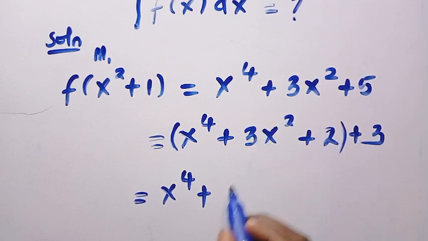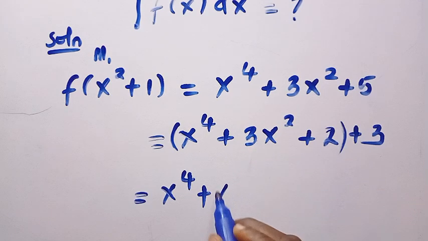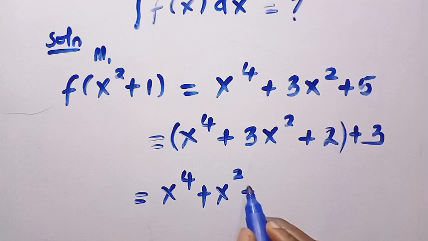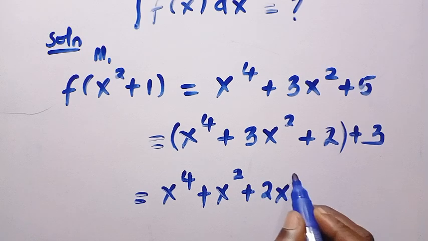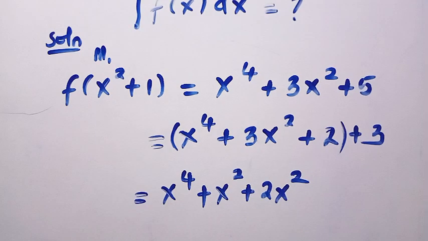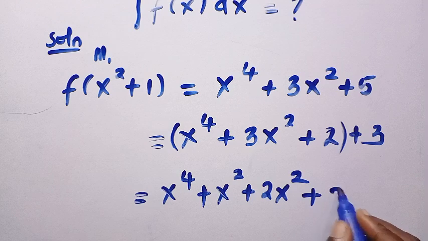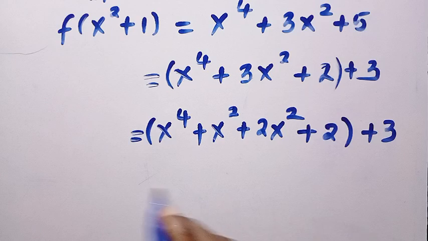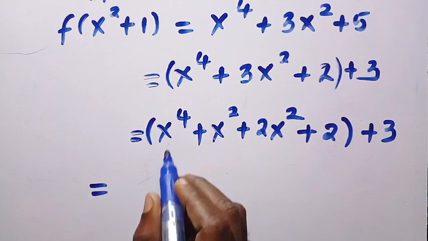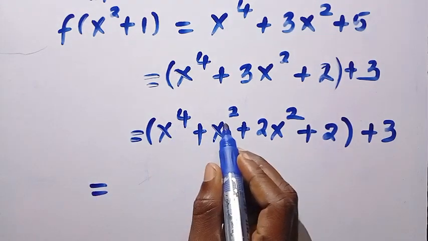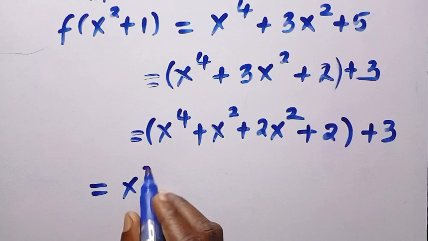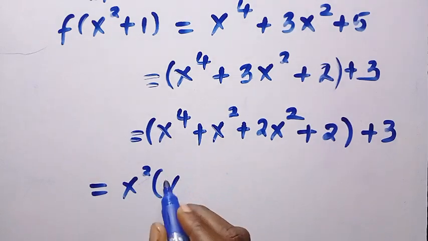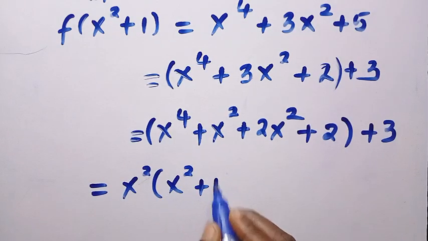So by writing this as x to the power of 4 plus x squared plus 2x squared plus 2, then we have plus 3. So here we have x to the power 4 plus x squared. When we take out x squared, what remains is x squared plus 1.